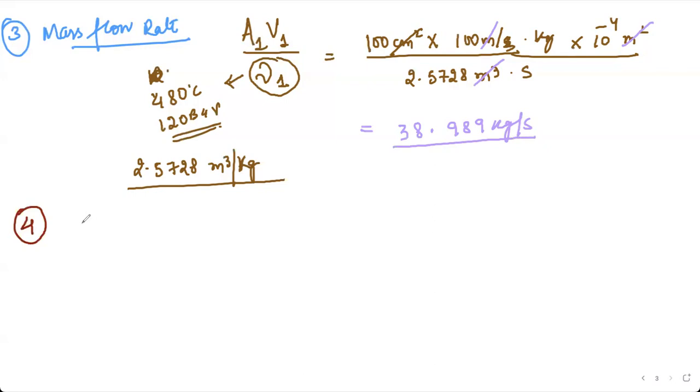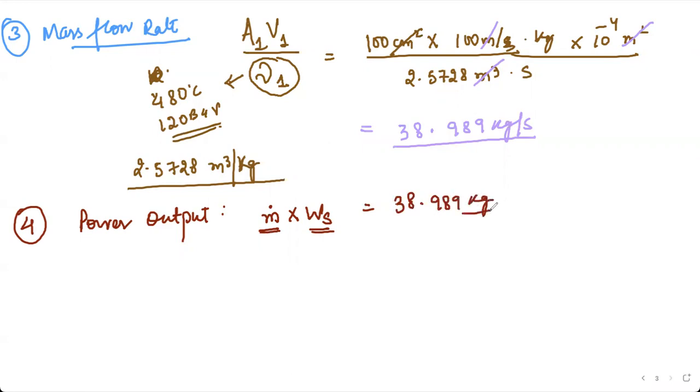Now, solving the fourth part of the question, which is the power output. Power output is very simple. It is just your mass flow rate multiplied by your shaft work. We have the mass flow rate and we have the shaft work, so it is a simple multiplication of both values. Your mass flow rate is 38.987 kg per second multiplied by minus 844.78 kilojoules per kg.